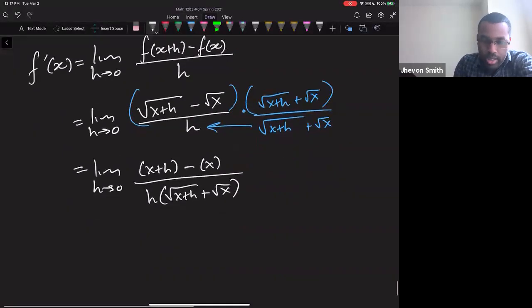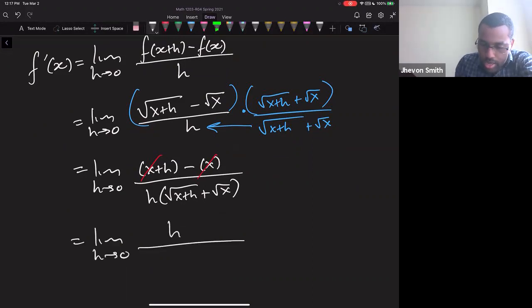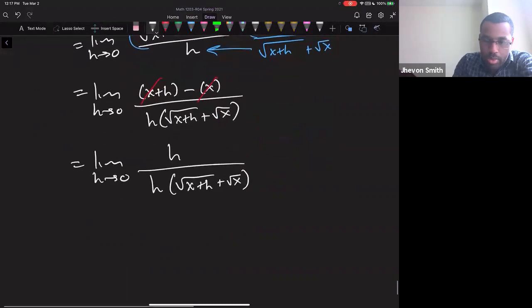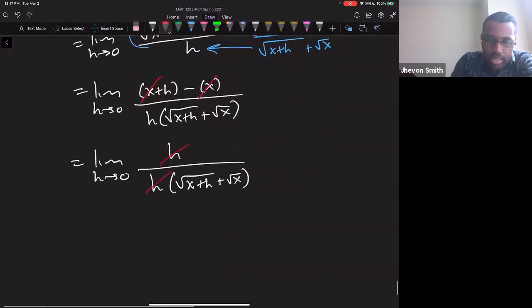So I'm just going to leave that factored. The x's will die, of course. And I would have h divided by h times radical x plus h plus radical x. Because the denominator is still factored, I can see that I need to cancel that.